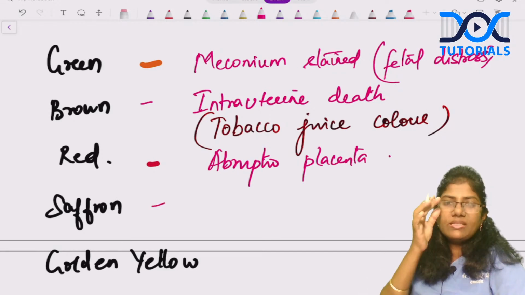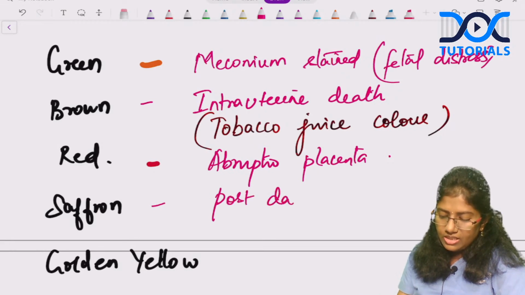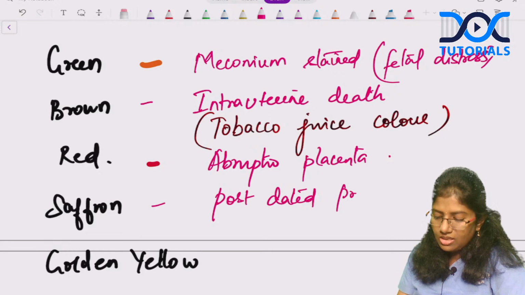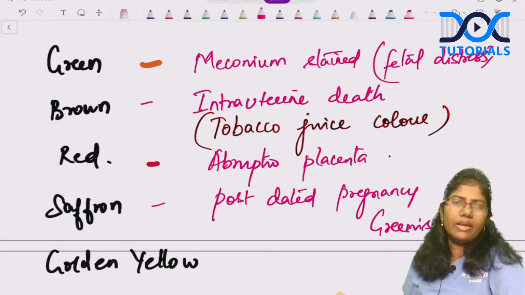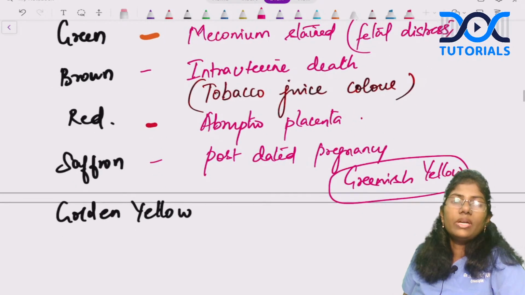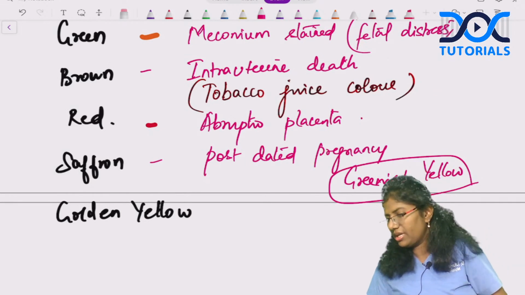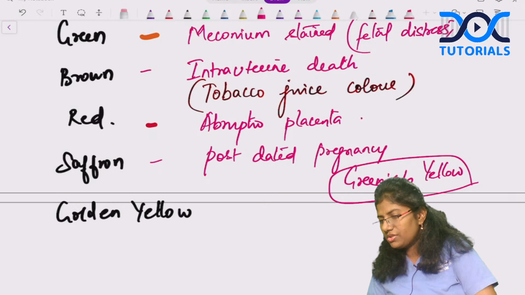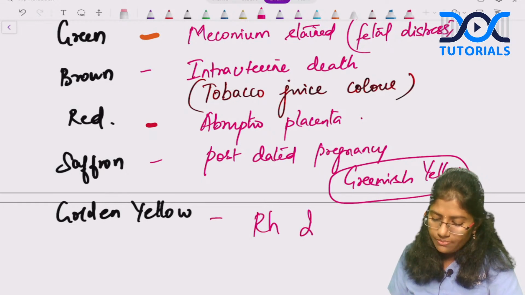Next is saffron colored liquor. It is seen in post-dated pregnancy. Saffron color is otherwise greenish yellow or orange. Finally, golden yellow is seen in RH incompatibility.